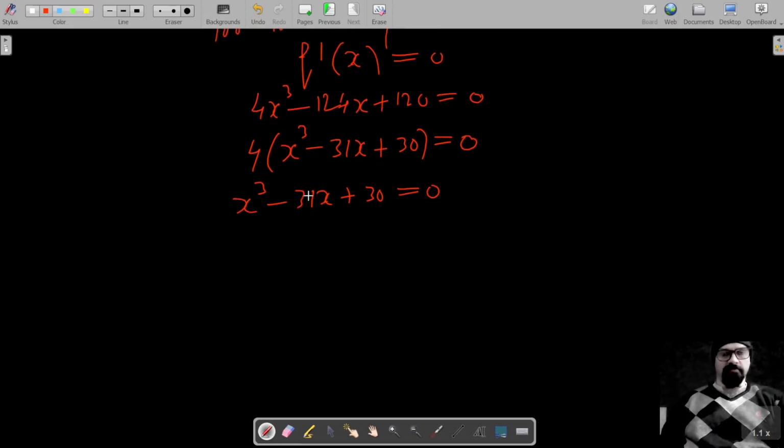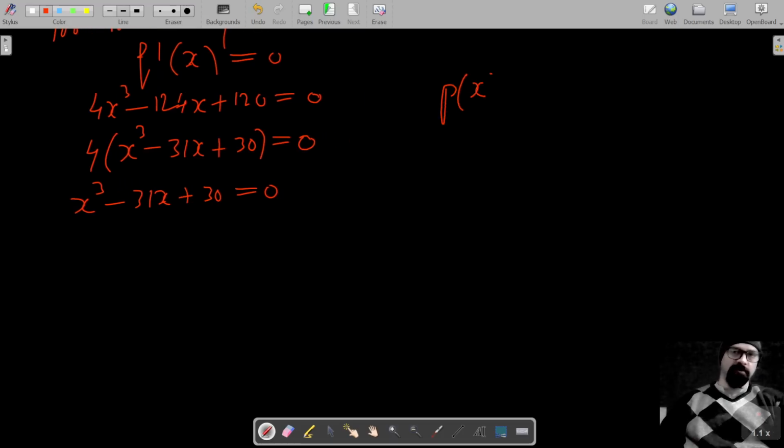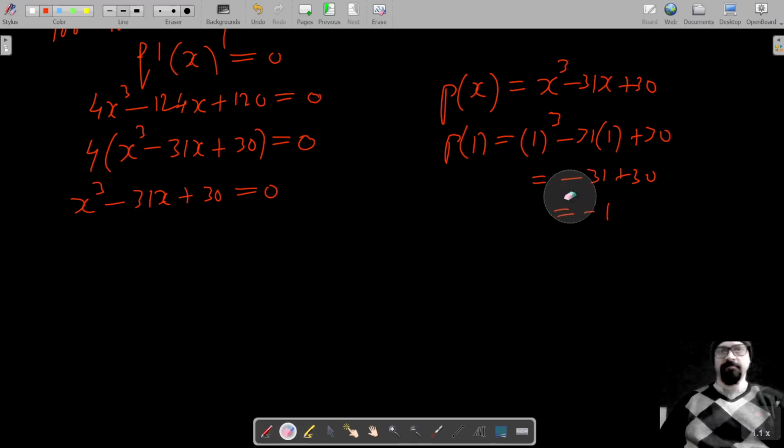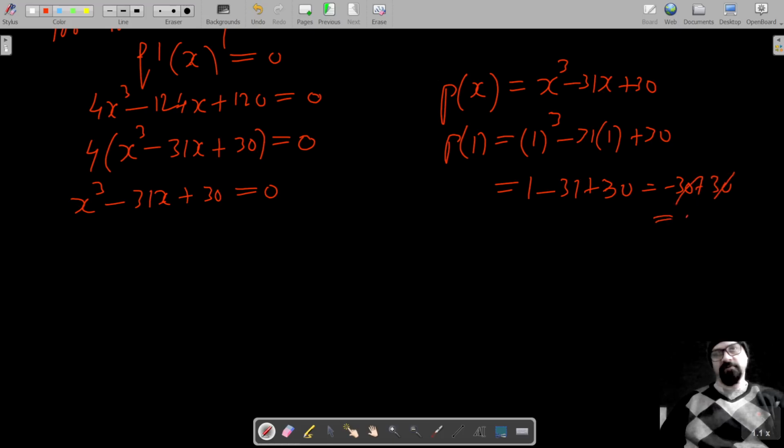So x cubed minus 31x plus 30 is equal to 0 is our cubic polynomial, and we have to factorize this. Let's consider p of x is equal to x cubed minus 31x plus 30, and the value of this function at x is equal to 1 is 1 minus 31 plus 30, which is equal to negative 30 plus 30, which is 0.